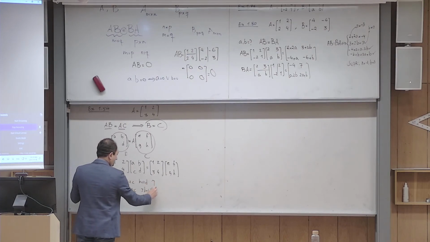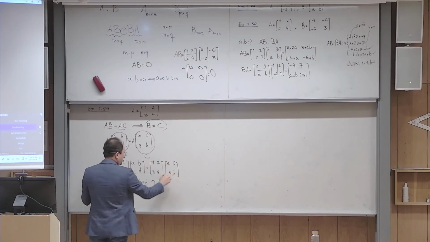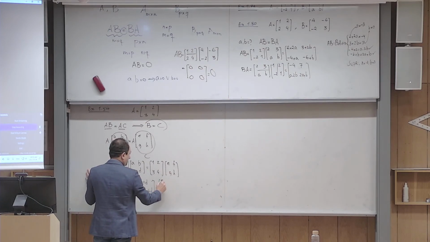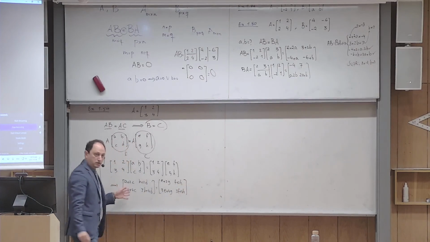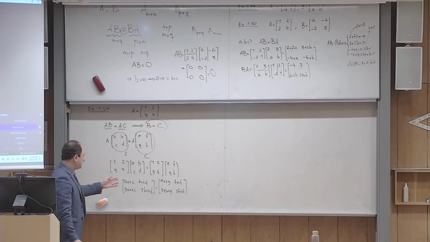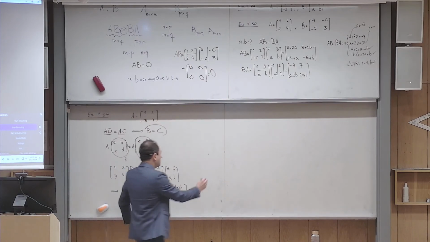This is supposed to be equal to this product, which becomes e plus 2g, and f plus 2h, and then 3e plus 4g, and then 3f plus 4h. Do you confirm that?